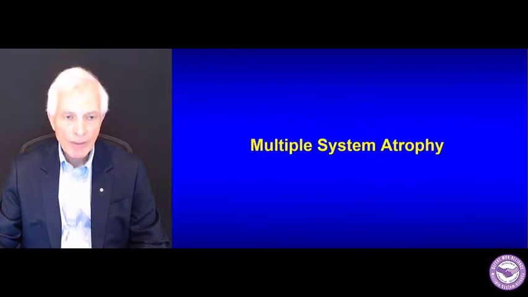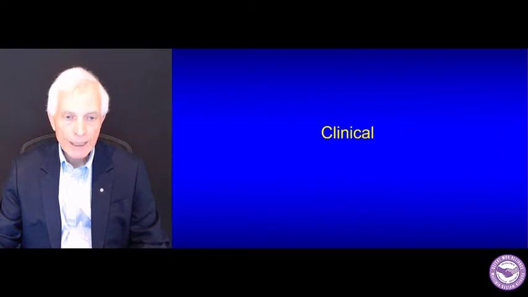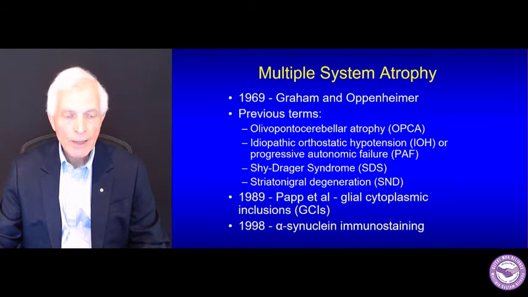Now, multiple system atrophy. Let's go through the clinical features of this disorder that was divided into a number of conditions. And this list here shows you that previous terms were applied: olivopontocerebellar atrophy, progressive autonomic failure, and idiopathic orthostatic hypotension. I'll define these for you in a minute.